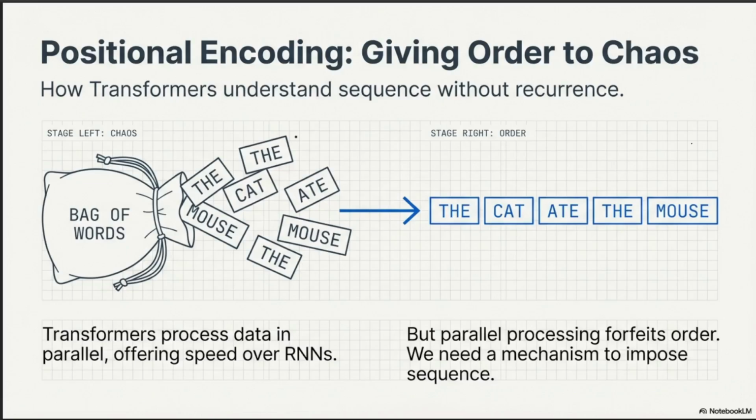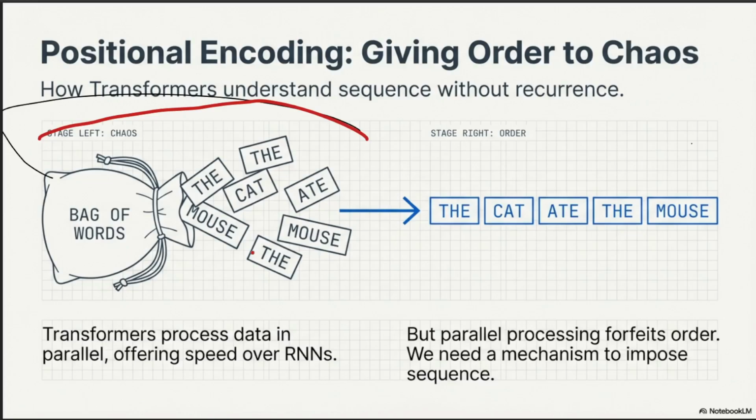So if you look at this visual on the left, you can see the bag of words. This represents how a computer naturally sees text as a jumbled collection of data points without any inherent order.